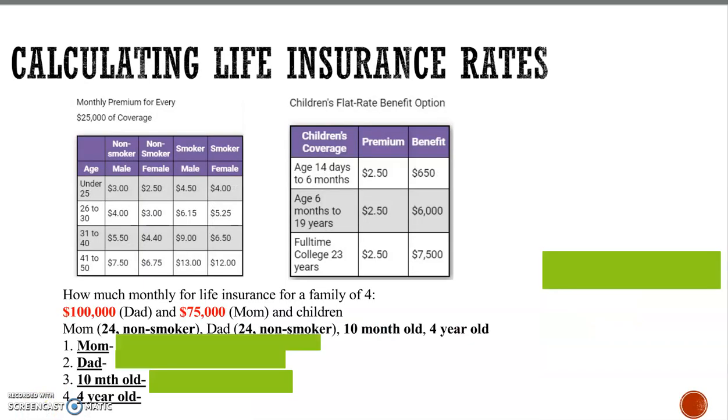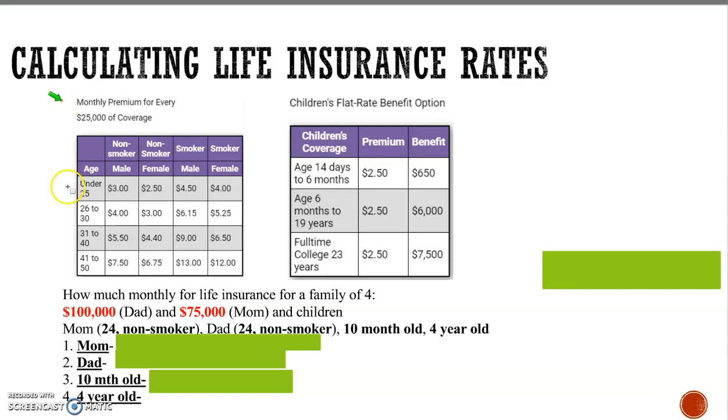Okay, this is all about calculating life insurance rates, and we just need to learn how to read the tables given. So for example, in this first one, they're giving you the monthly premium for every $25,000 worth of coverage.